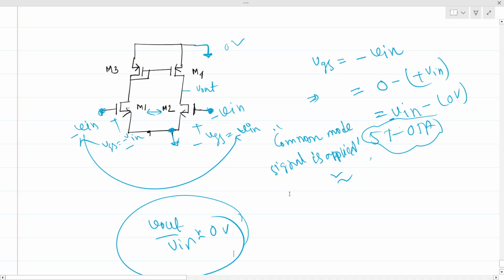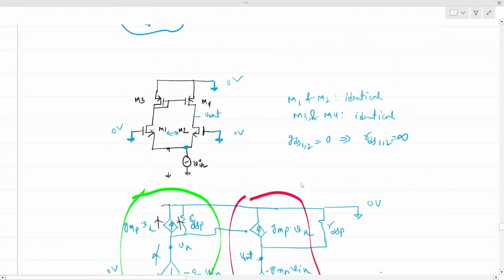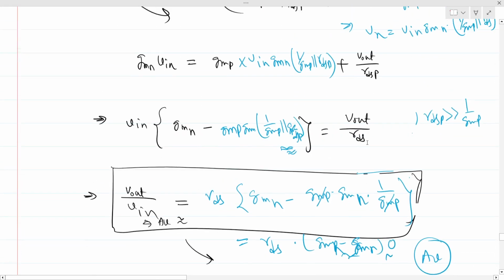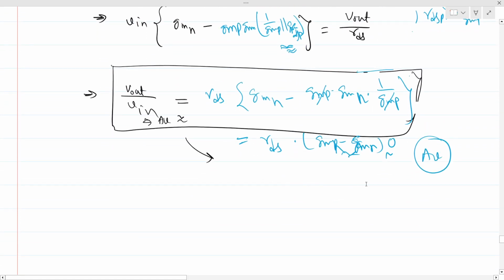So there are three solutions I have been discussing. In the small signal approach, you can write some KCL and KVLs, arrive at the V out over V in expression, and comment on the gain.